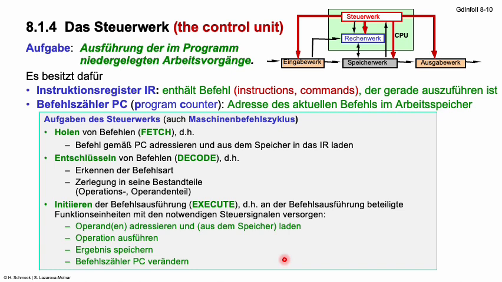For example, reading values from registers or passing them to the arithmetic logic unit, to perform different operations, maybe an arithmetic operation or shifting, and then writing these results back to a register. If the arithmetic logic unit is involved, then it sends a condition signal back to the control unit.